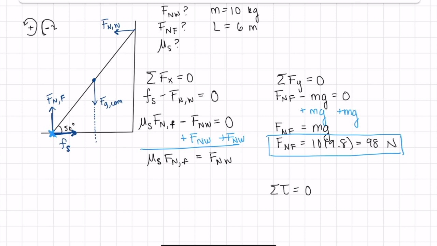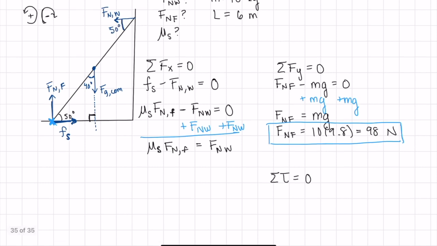So if that vertical FG center of mass extension is going to make a right angle with the horizontal from the floor, since that bottom left angle is 50, then that tells us that the angle between FG and the ladder is going to be 40 degrees. And then for the normal force from the wall, from alternate interior angles, that angle is going to be 50 degrees.